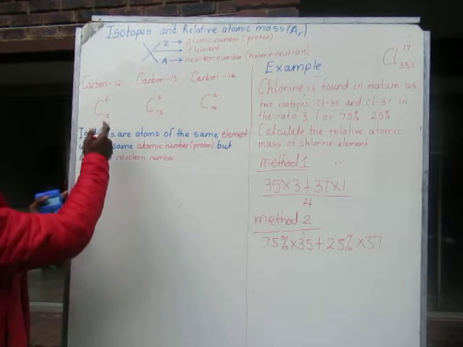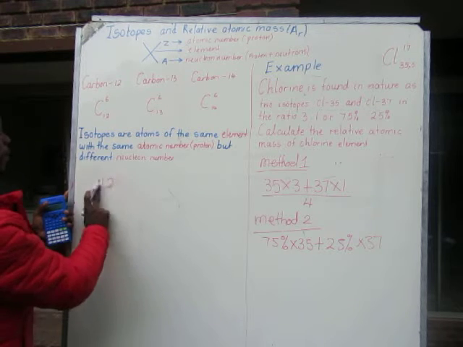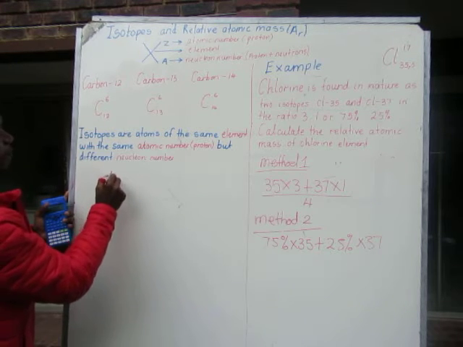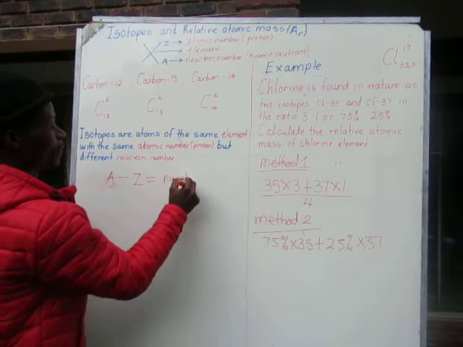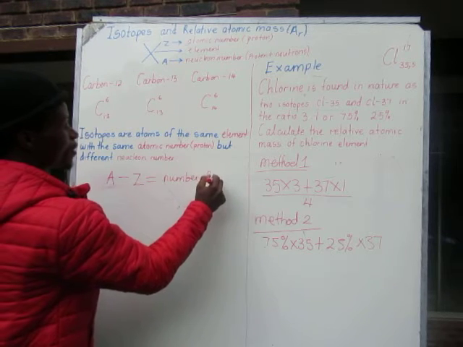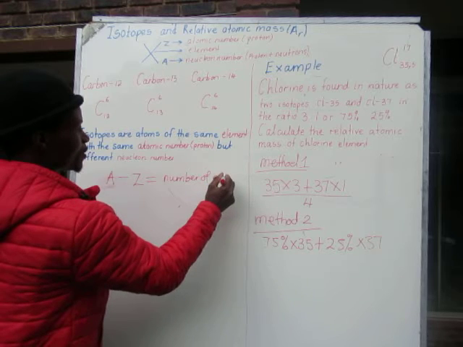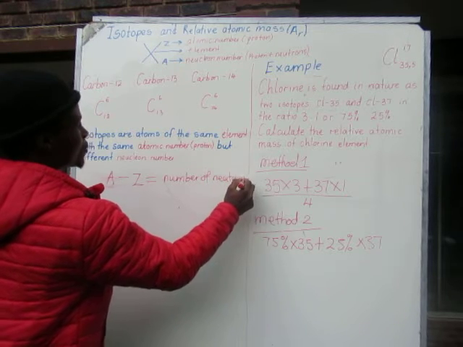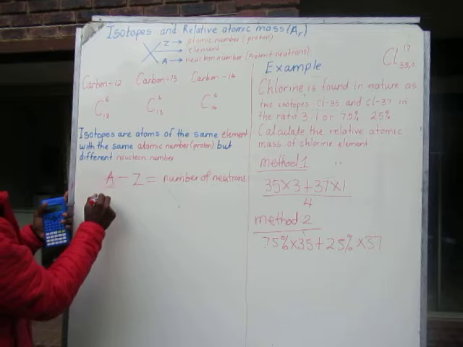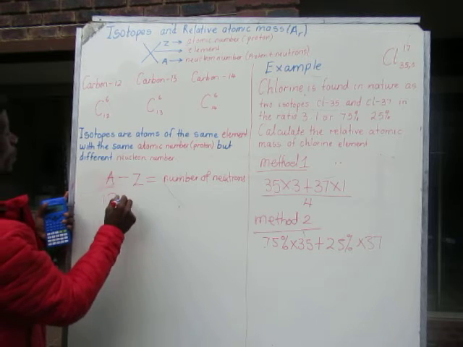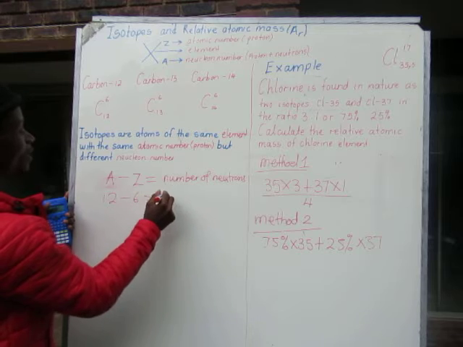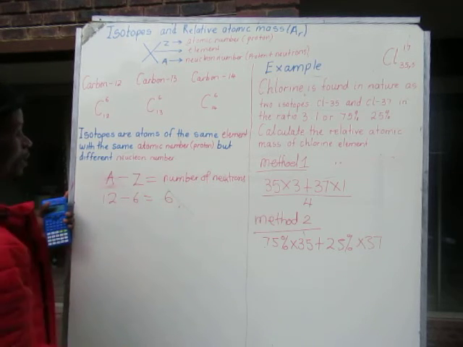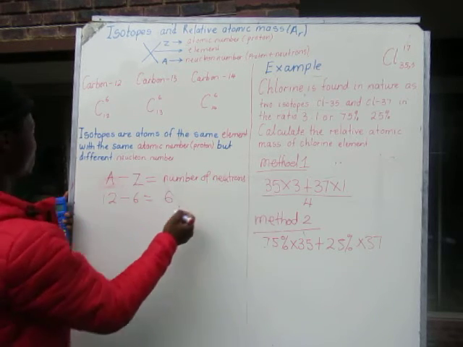Remember our equation, it's A minus Z equals the number of neutrons. So here we have 12 nucleon number minus atomic number 6. Then we get 6, the number of neutrons.